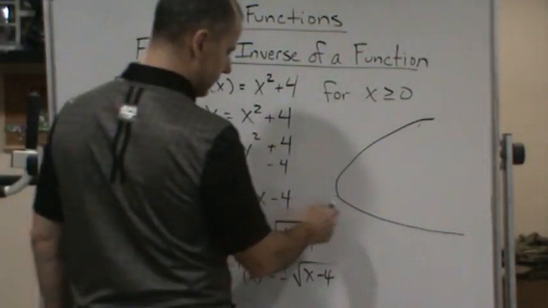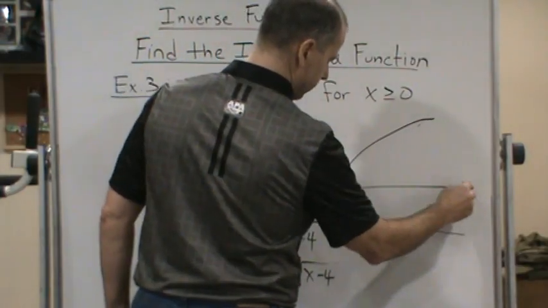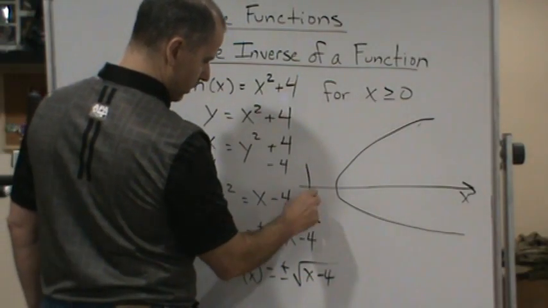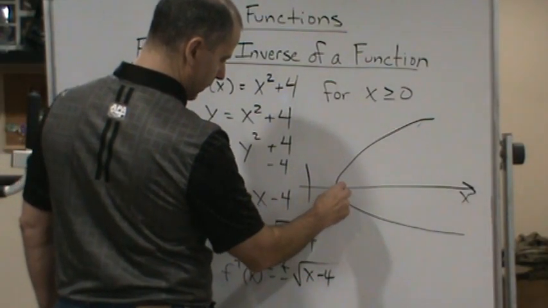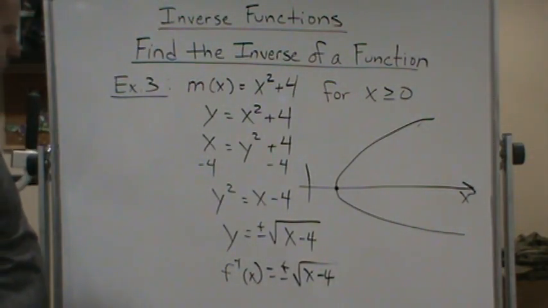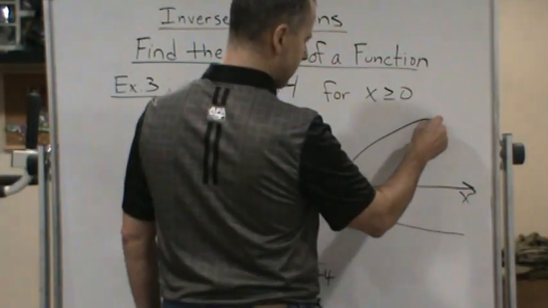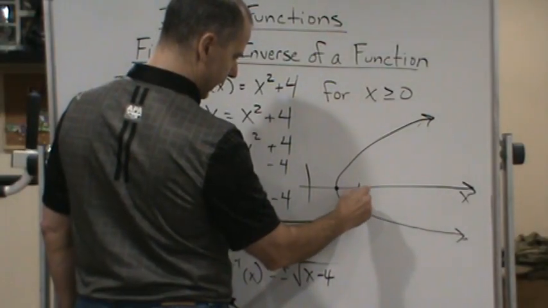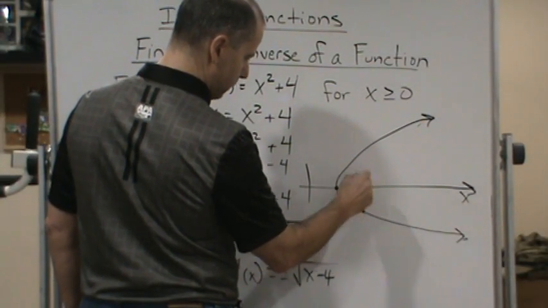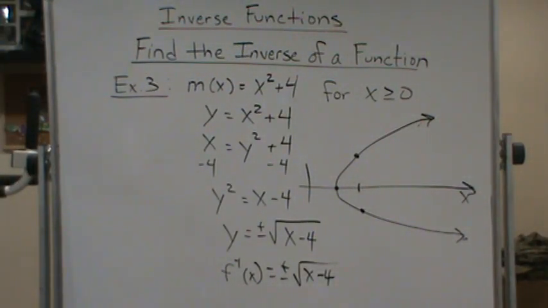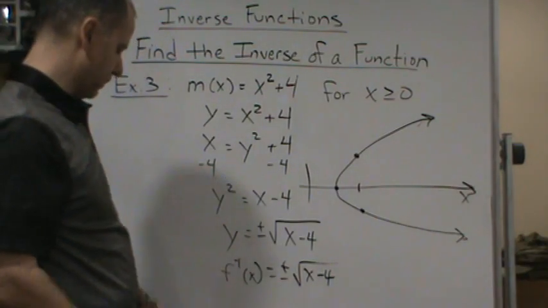All it's doing is it's shifted right 4 units, so we know at 4 it's 0. Okay? And so we have a sideways parabola, and of course that's why we have the plus or minus, because for every x value we have a corresponding positive and negative y value. Okay? So this is good. So disregard what I said about the plus minus.